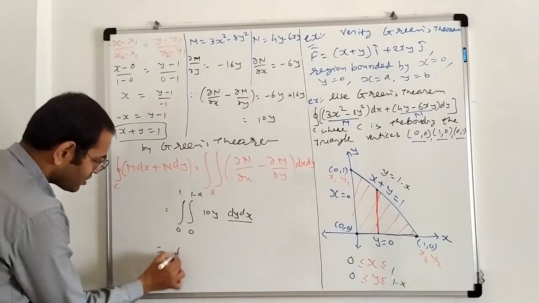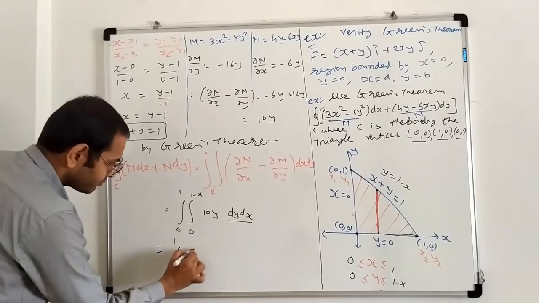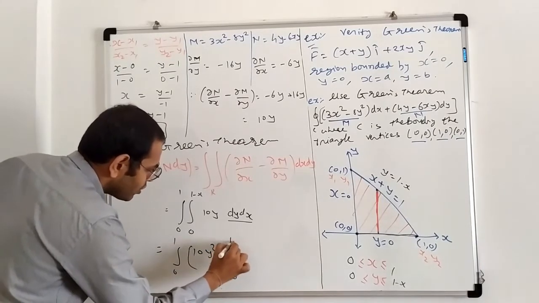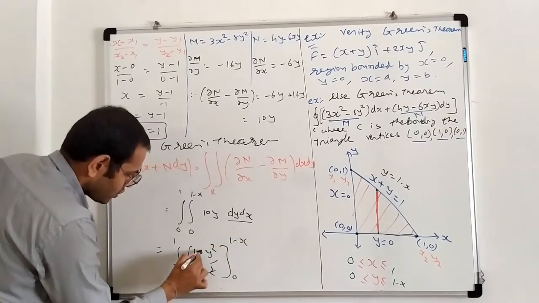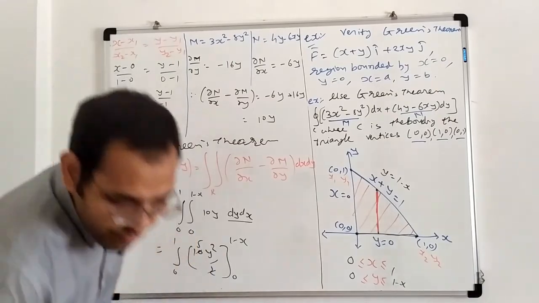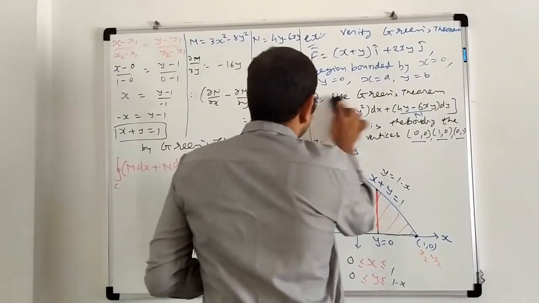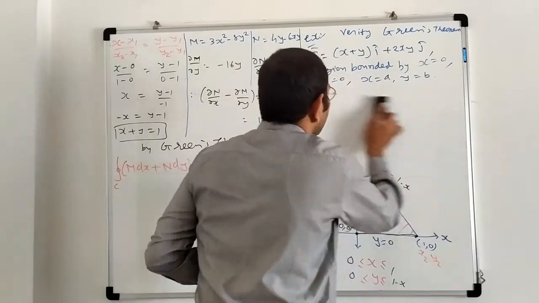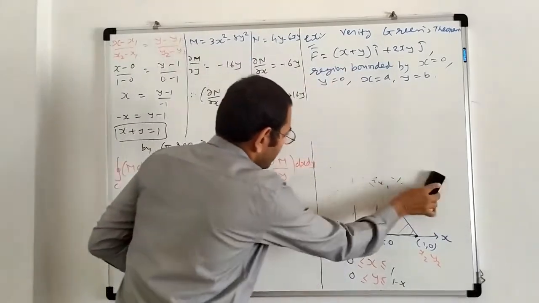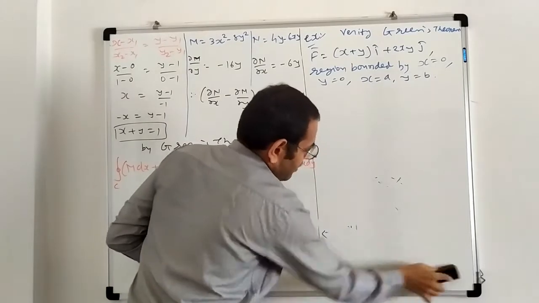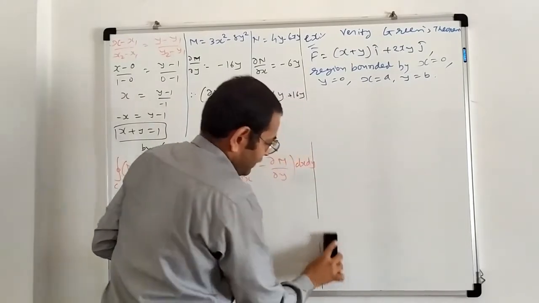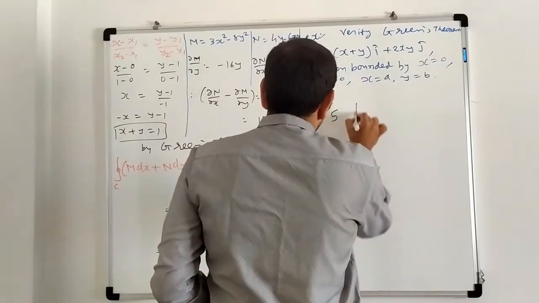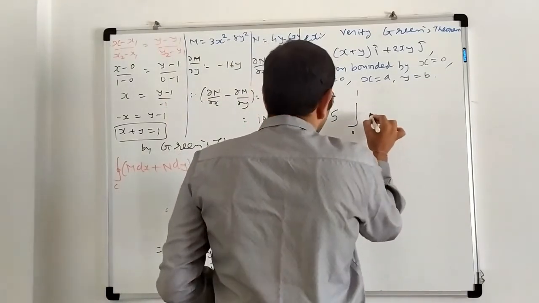Now integrate this term: 0 to 1, 5 y square by 2, with limits 0 to 1 minus x. The 5 is constant, 0 to 1.